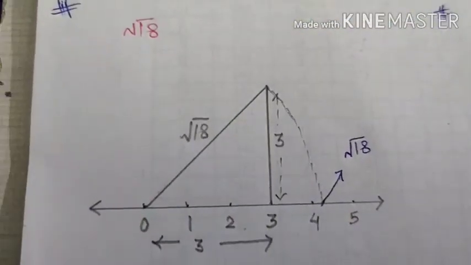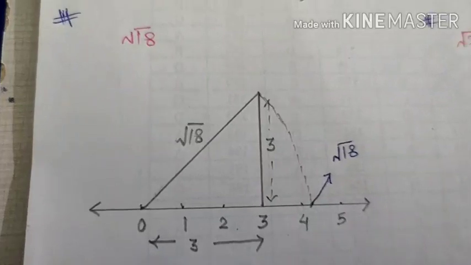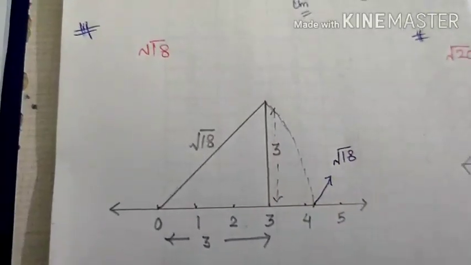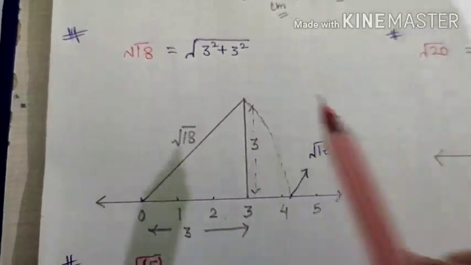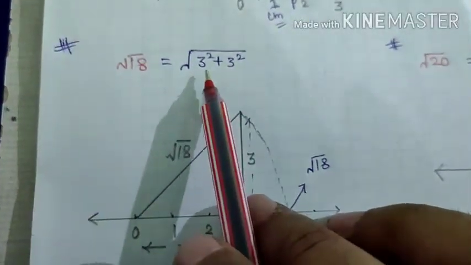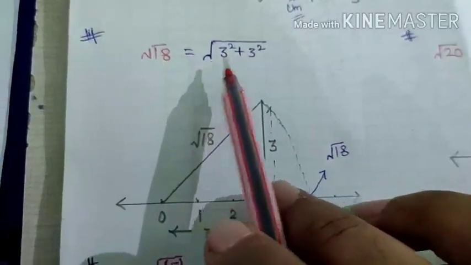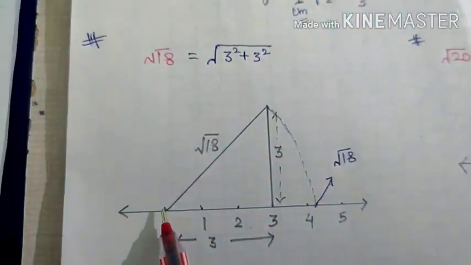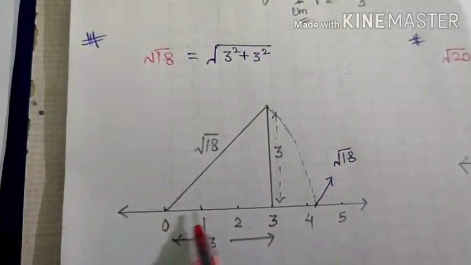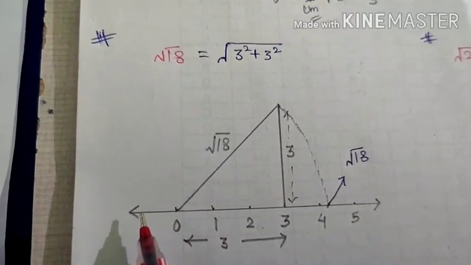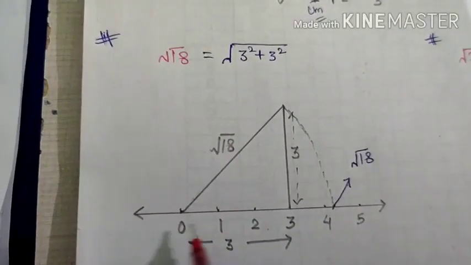Now we'll learn how we can make root 18 on the number line. You can see here root 18 we can write as root of 3 square plus 3 square, 9 plus 9 is 18. Now we can make the number line once again, 0 1 2 3 4 5.